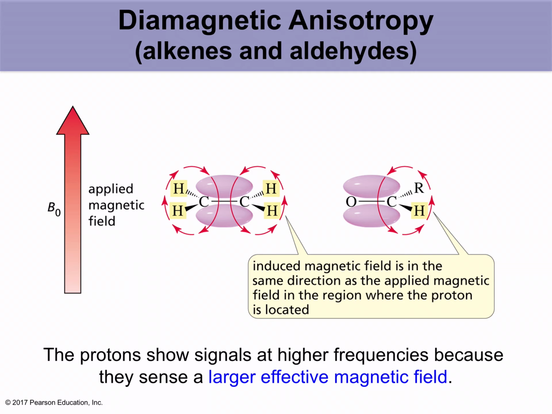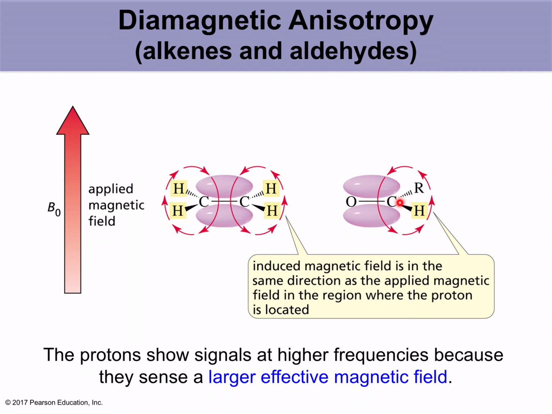The same thing happens in alkenes. In alkenes we also have a pi bond. The magnetic field induced by the pi electrons of an alkene, or by the pi electrons of an aldehyde, same thing with the aldehyde. In an aldehyde you can see the proton bonded to the sp2 carbon right here.